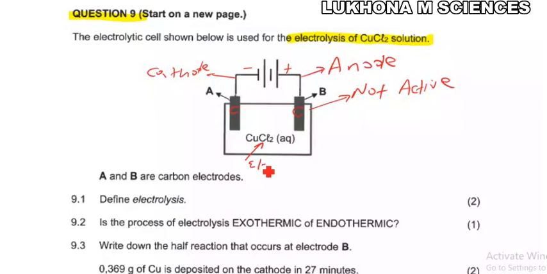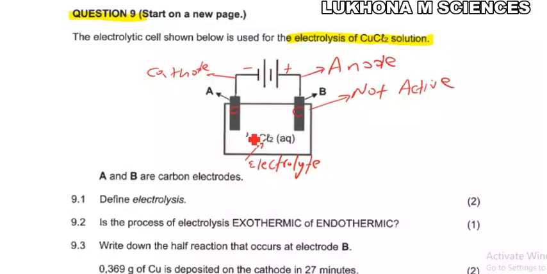This is the electrolyte. In the electrolyte we have CuCl2. There is no carbon here. If there was carbon, we would say the electrodes are active, but now there is copper here and chlorine, and the electrodes are carbon electrodes, therefore the electrodes are not active.